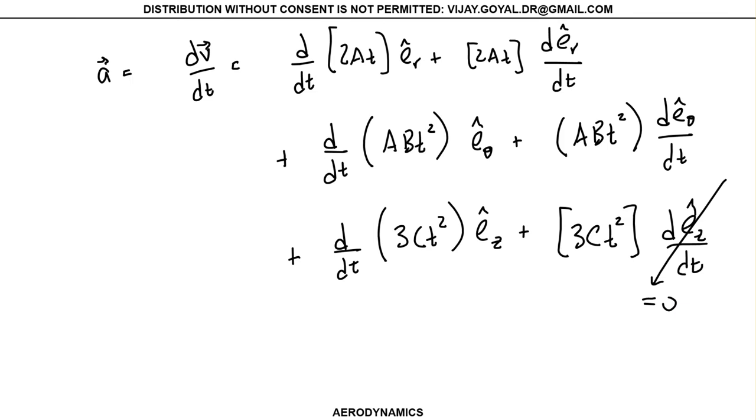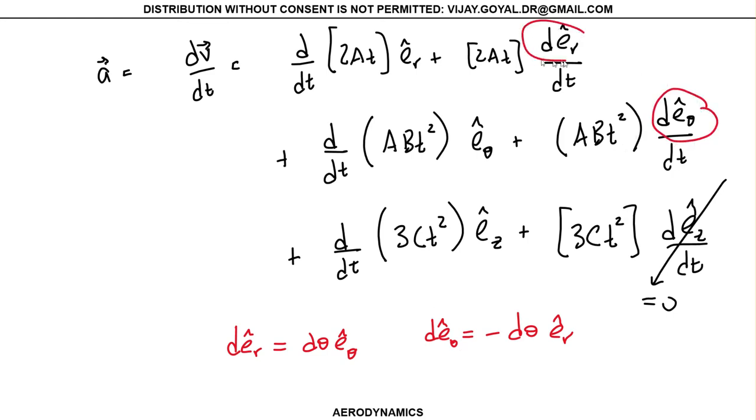And we know, and we derived this in class, that d(er) is equal to dθ eθ. We know that d(eθ) is equal to minus dθ er. So we have some of these expressions that we can replace.